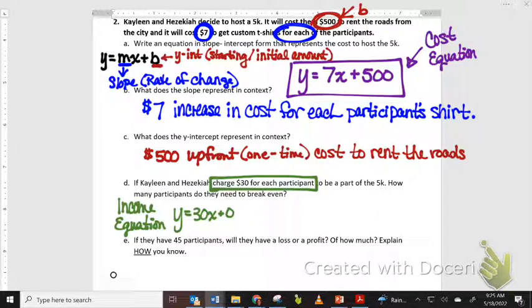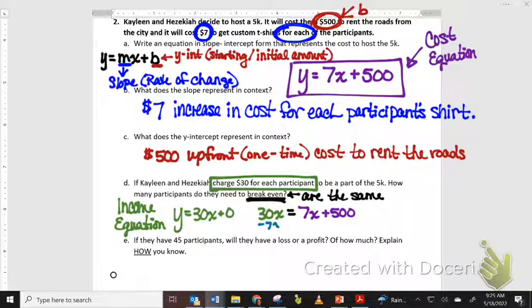What would I do with these two equations if I want to know where they break even? Set them equal to each other. Break even is another way of saying when are they the same. All right, so I'm going to have 30x is equal to 7x plus 500.